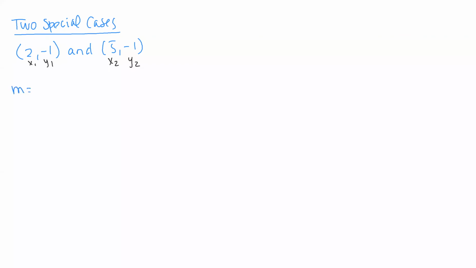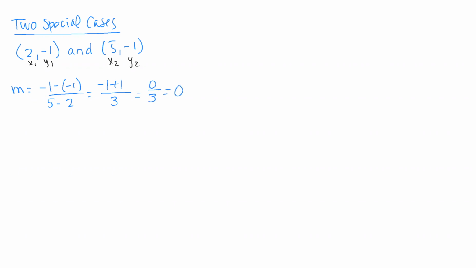We want the difference in our y's, so -1 minus -1, over the difference in our x's, x2 is 5 minus x1 is 2. Well, -1 minus -1 is really -1 plus 1. 5 minus 2 is just 3. Well, -1 plus 1 is 0. 0 over 3 is 0.